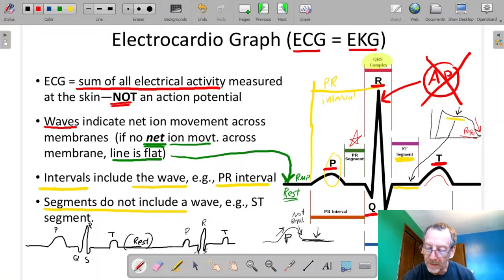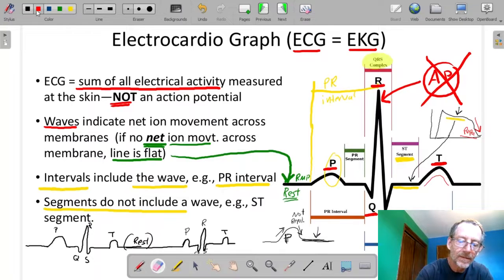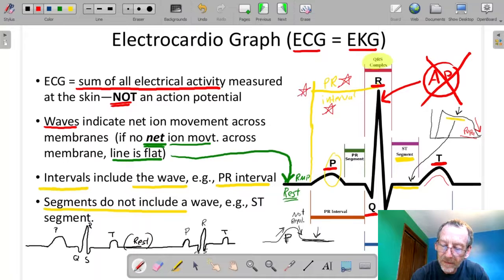But it's mainly the PR interval that I'm going to work with mostly. Okay? Actually, let me get rid of that and include the interval, not the segment. So it's this one, PR interval. Okay, so we'll talk about that some more. Let's keep moving.